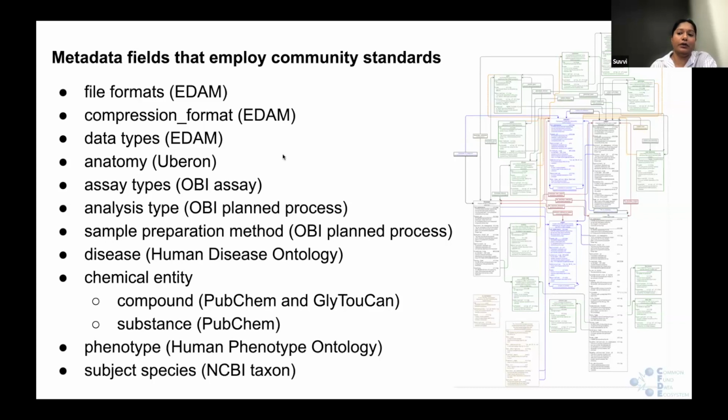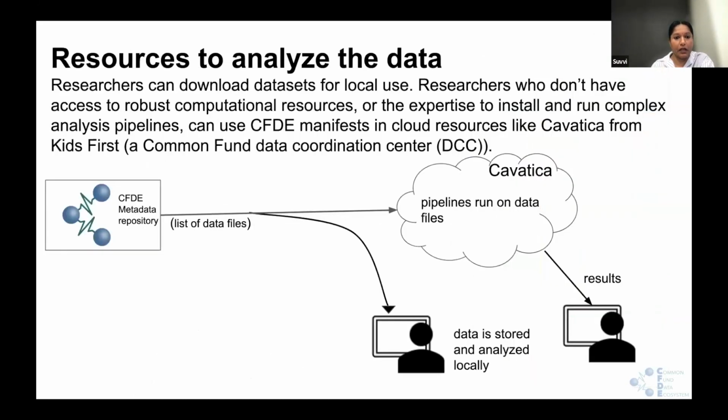And then, just to show the list of ontologies that have been used in CFDE, it's a very comprehensive list of ontologies that are being used there. The other thing is that at CFDE, when you find the data of interest, you can take that data to Cavatica. Cavatica is our cloud resource, which has various pipelines and workflows for people to run.